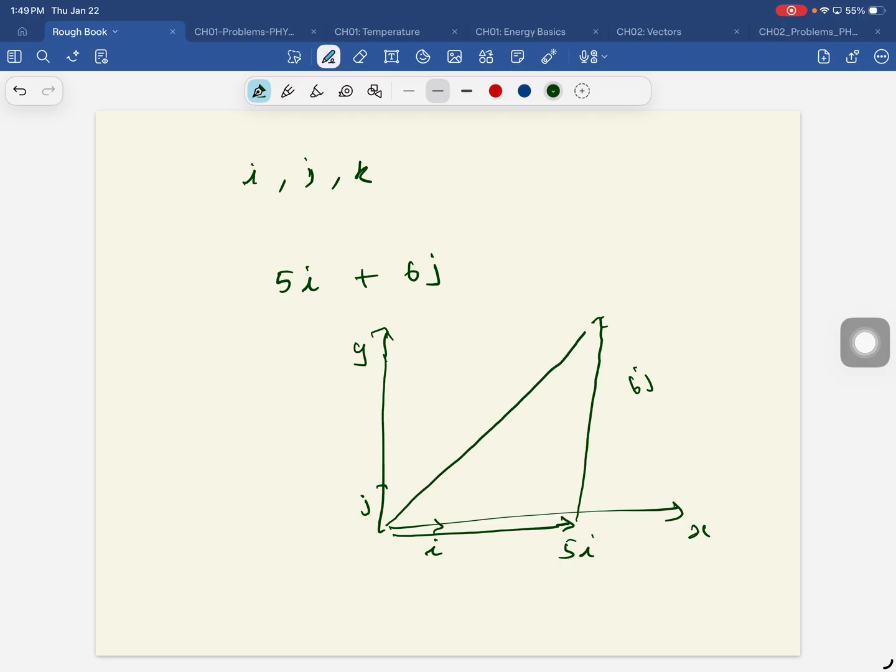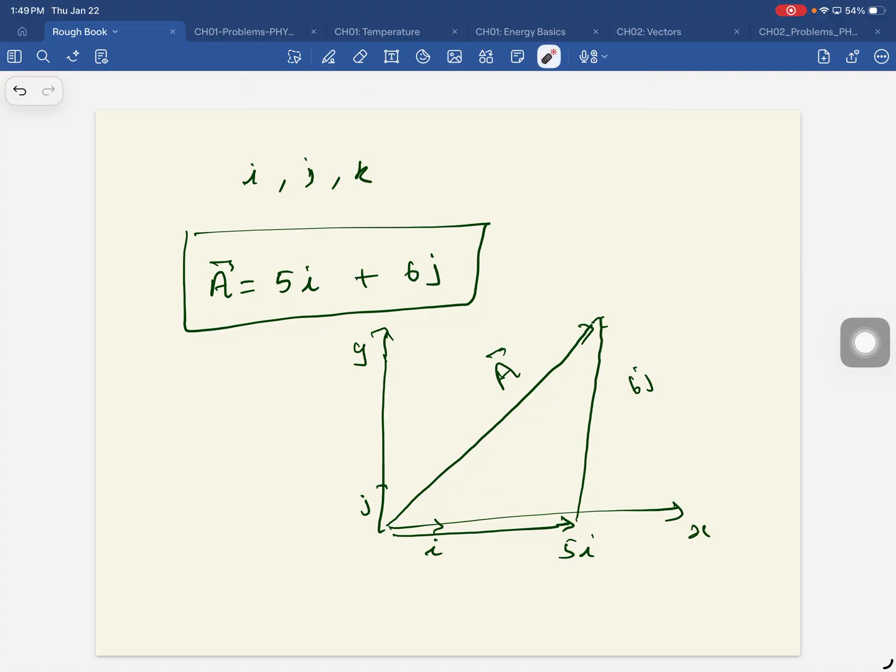Given these two numbers, to calculate these, Ax is A cosine theta. Theta is the angle of the vector. Now in these formulas, this theta is measured from the x-axis counterclockwise. That's the rule. If the angle is measured clockwise, that would be a negative angle.